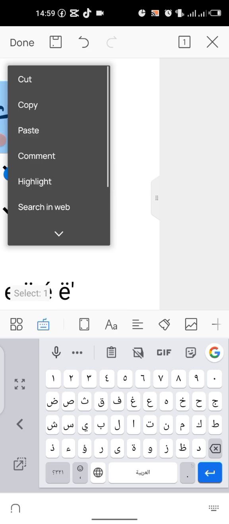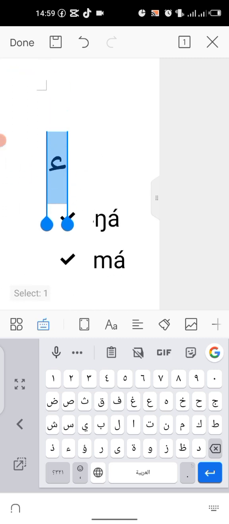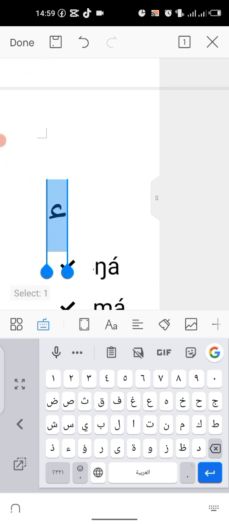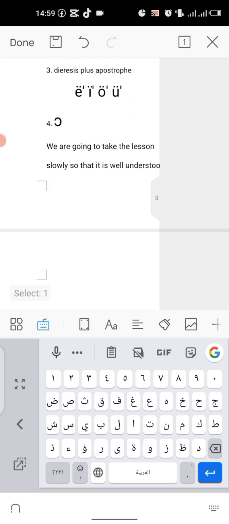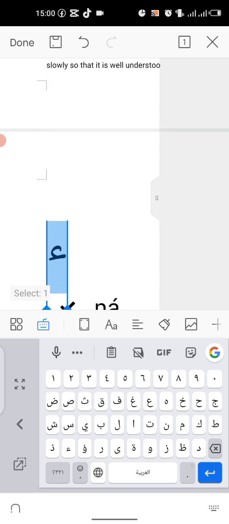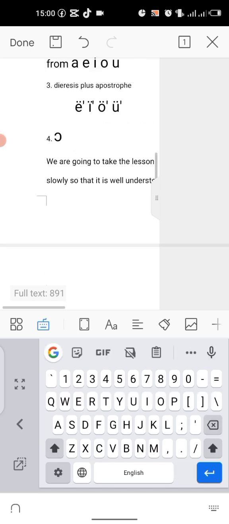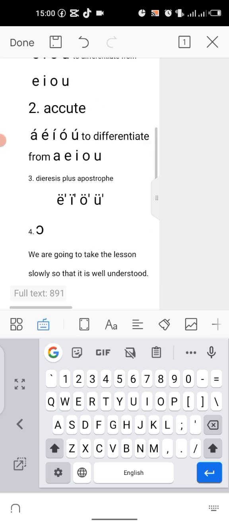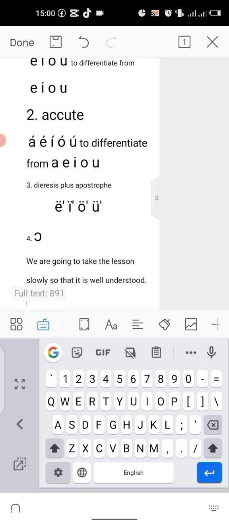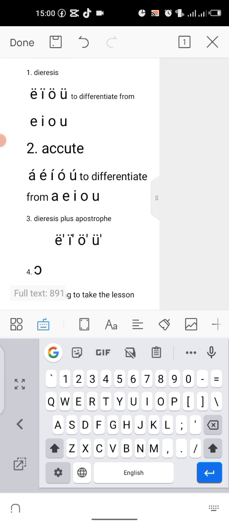This one here is what we call hamza in Arabic, and it is what is called a glottal mark. It is used for indicating the glottal stop. But in the Nyepo language, we propose to use the acute to indicate the glottal stop.